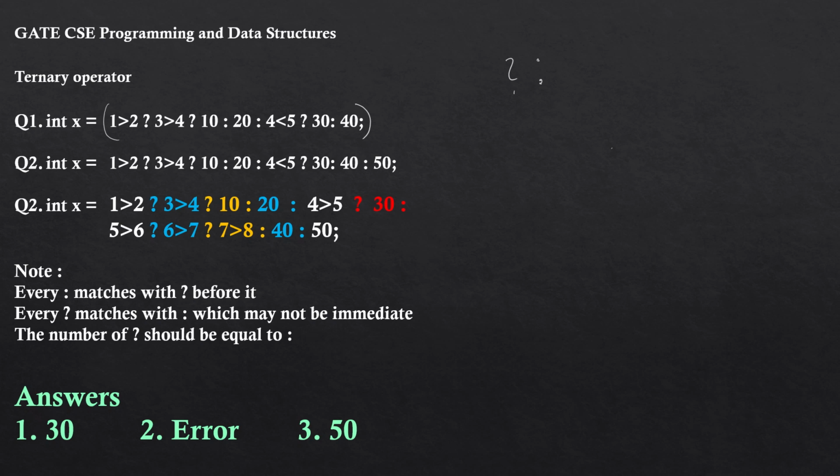Compiler gives error. So let's see over here. We have one colon question mark, one colon question mark, one colon question mark. So there are equal numbers of colons and question marks. One colon question mark, colon question mark, colon question mark. So this colon has no question mark. So it gives error.